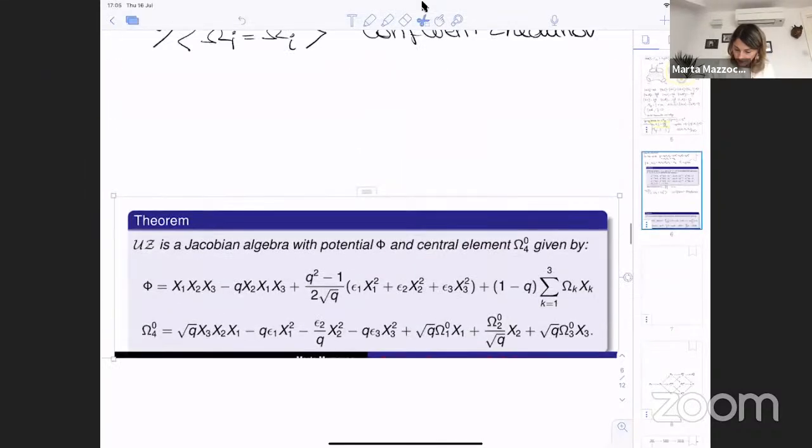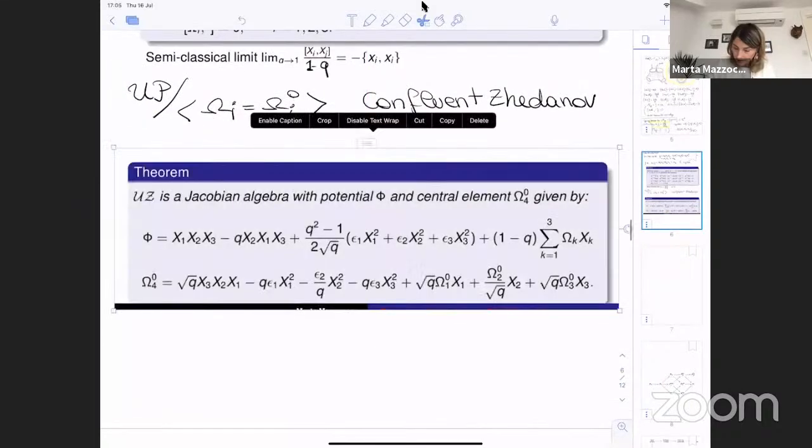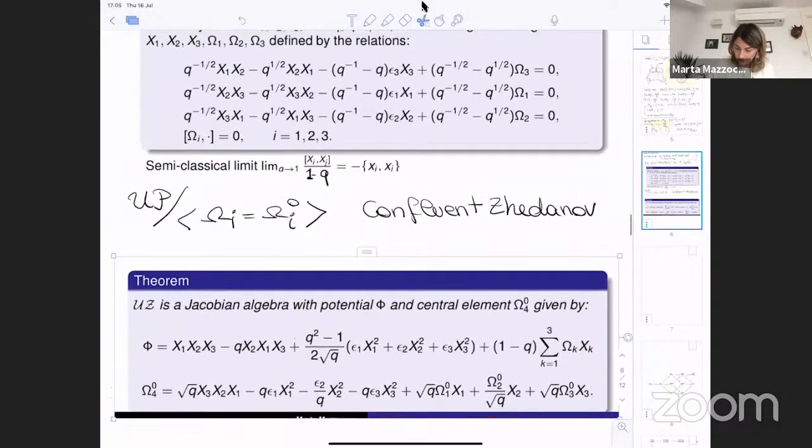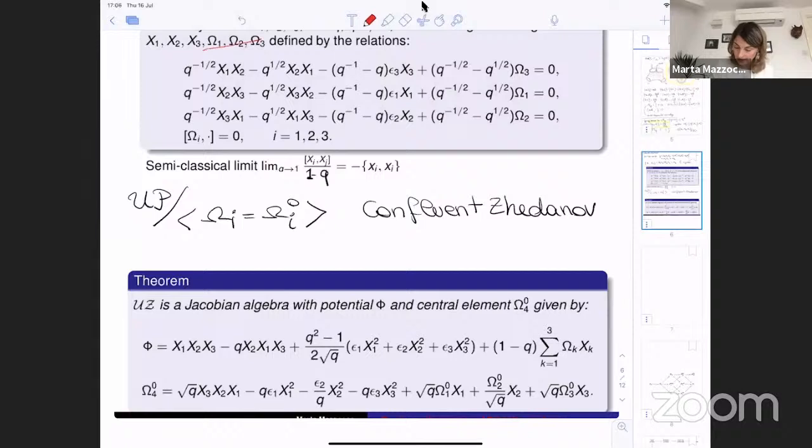Okay. So the theorem we can prove is that once we take the quotient, essentially it will be the same algebra in which now the omegas will no longer be generators, they will be just numbers, because we will specify some values.